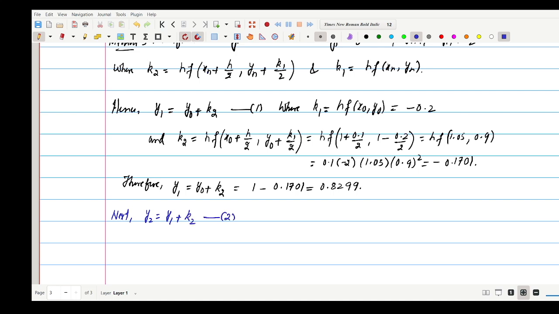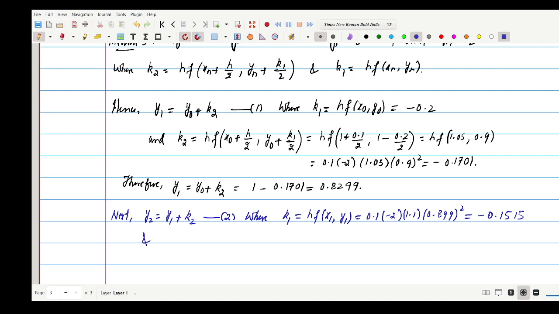Let's call this equation number 2, where now k1 is equal to h f of x1, y1, that is equal to 0.1 into minus 2 into x1, that is 1.1, into y1, that is 0.8299 whole square.